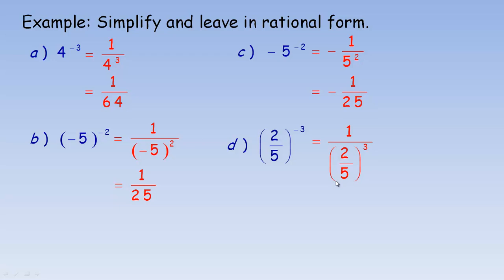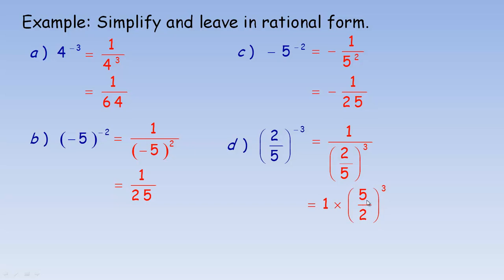So what we would do next is, this is dividing fractions. So this line here means dividing. So I've got this 1, and I'm dividing it by this rational number or fraction. So I would change the dividing into multiplying by the reciprocal. Reciprocal of 2/5 is 5/2.